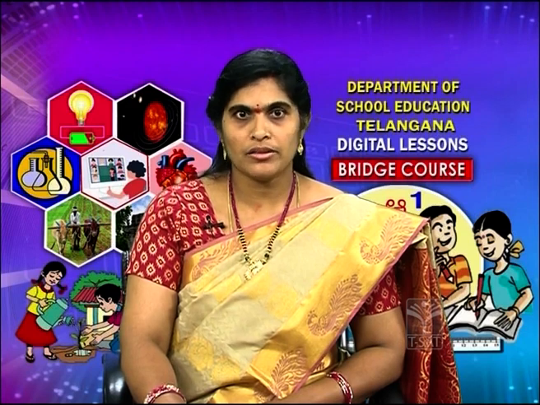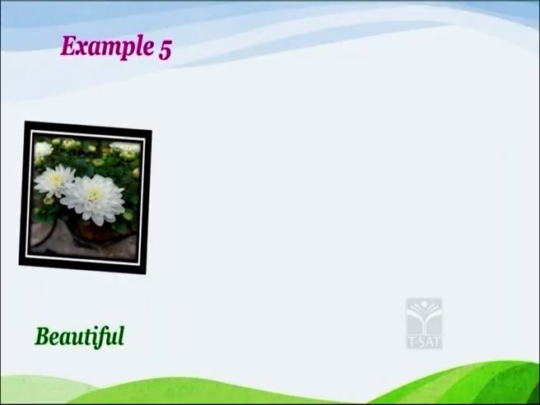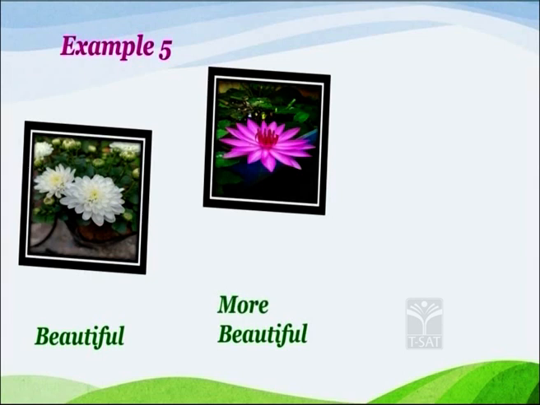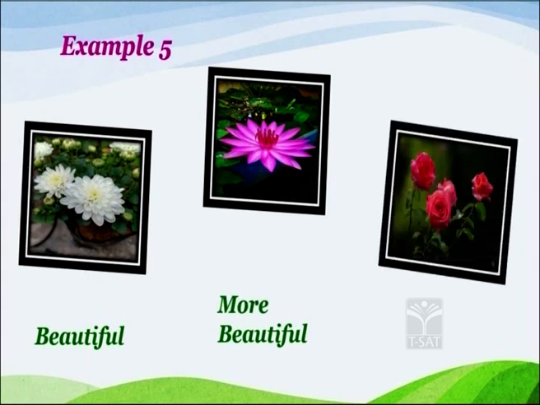Here we are with another example. What do you observe in these pictures, children? Yes, very good. They are beautiful flowers. They are looking colorful, beautiful. Okay. If you observe the words written below the pictures carefully, there is a slight difference between the words.